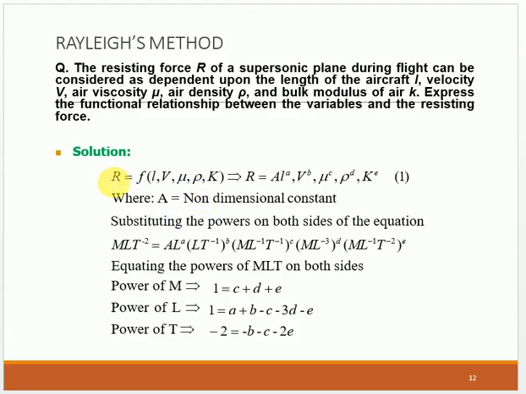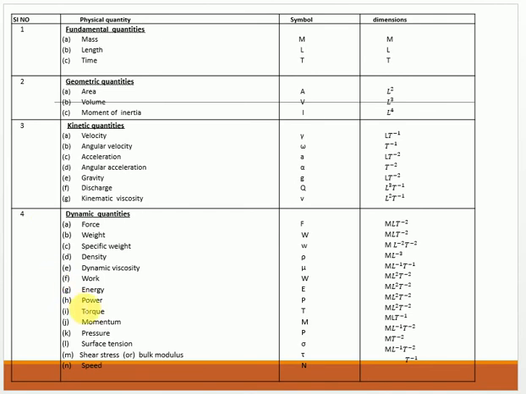For force we substitute the dimensional parameters, M L T power minus 2. For length it's in terms of meters, so L, so A into L power a. V is velocity, and for velocity we know it's L T power minus 1, which is meter per second.